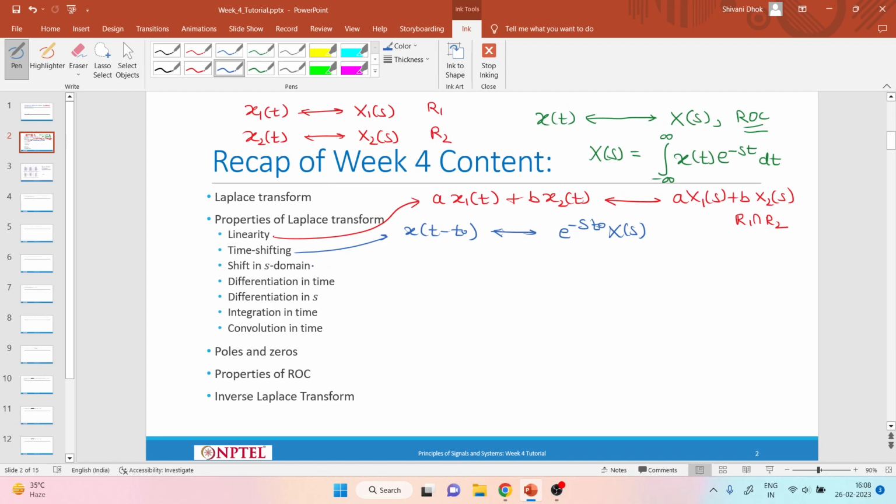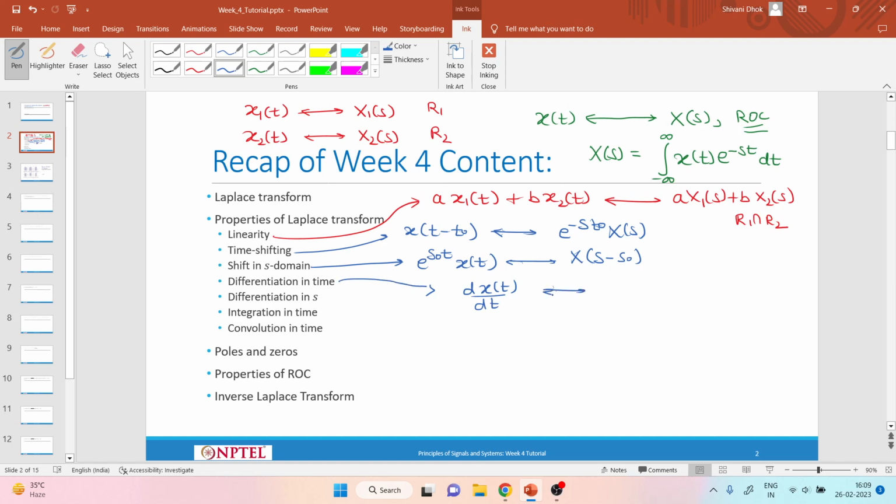There will be no change in ROC. Then if I have a shift in the Laplace domain, that is, if I have x of s minus s naught, then in the time domain I'll be having this factor, something like this.